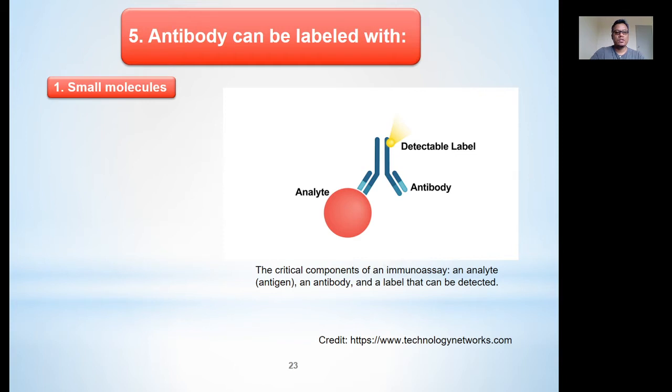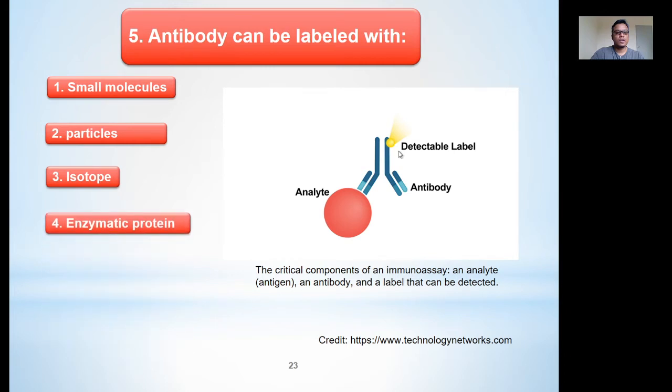First, we can attach small molecules to the antibody. We can attach particles to the antibody, or attach the antibody to a particle. We can use isotopes, enzymatic proteins, enzymes, and also fluorescent dyes.